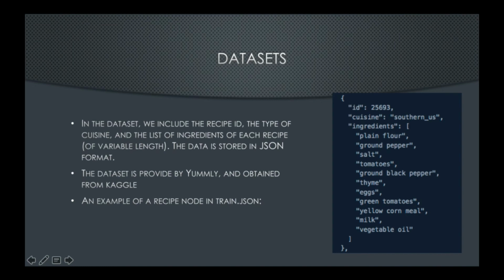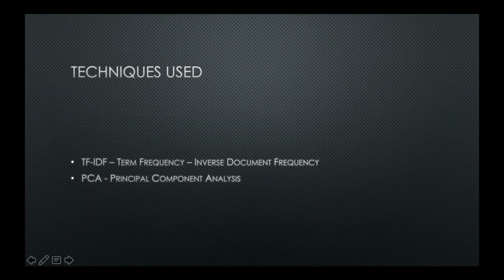Like in all other cuisines too, we use salt. So I need to get the not much used ingredients so as to know which cuisine it belongs to. That's the reason why I chose the TF-IDF technique.